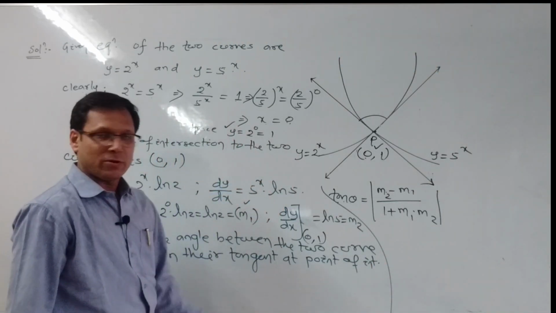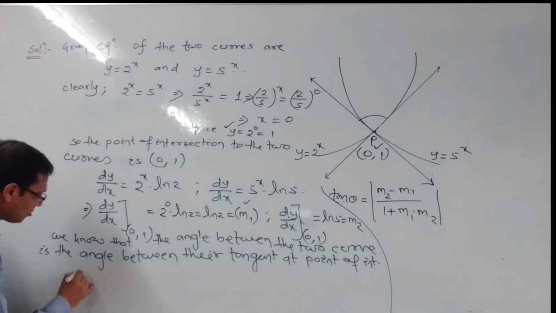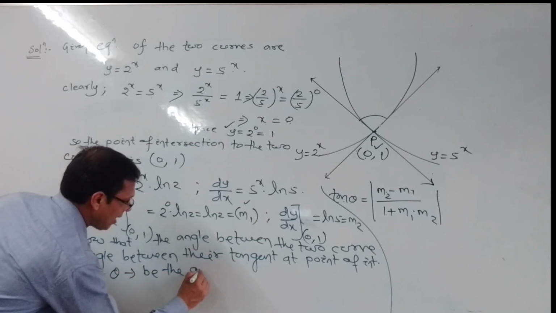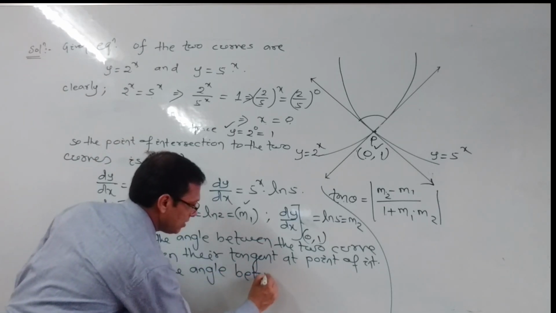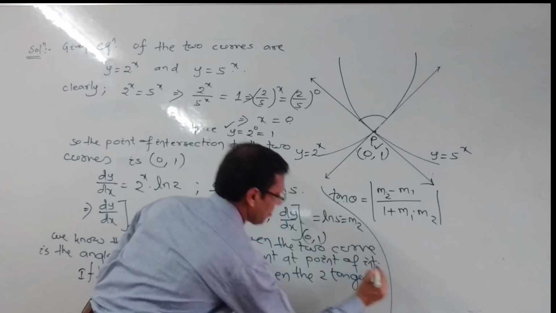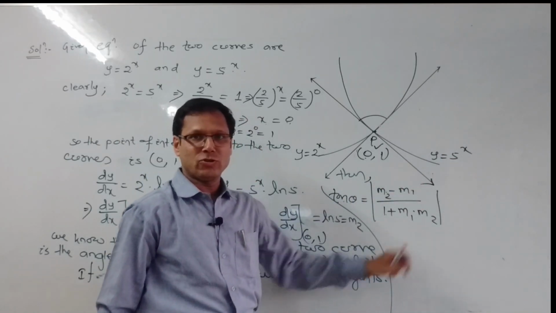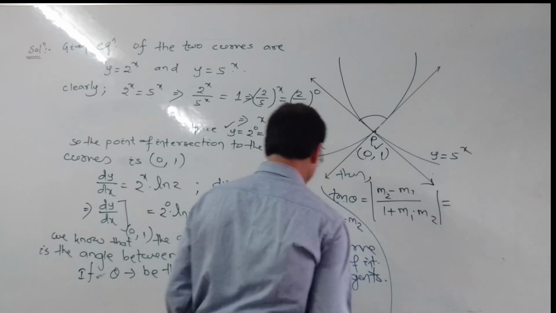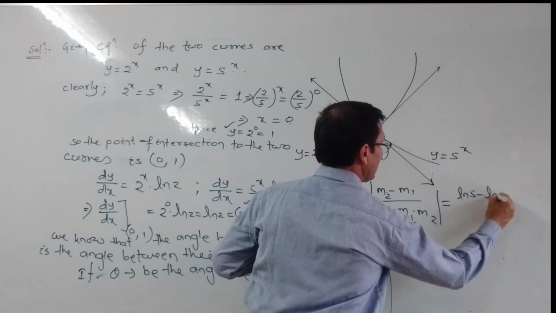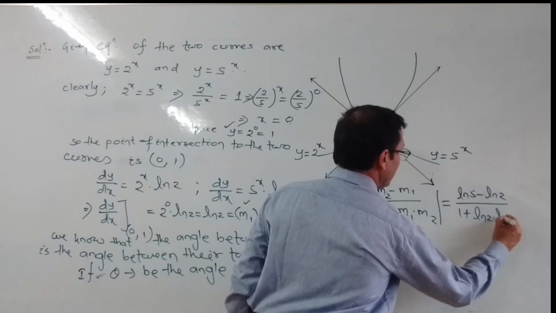Okay, so the slopes of the two tangents we have already found. If θ is the angle between the two tangents, then tan θ = (m2 − m1)/(1 + m1·m2). That is nothing but |(ln 5 − ln 2)/(1 + ln 2 · ln 5)|.